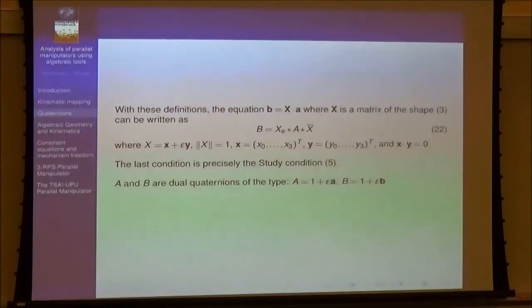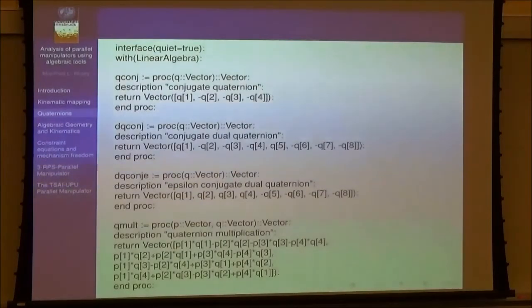And you will see this condition has to be fulfilled. It comes out automatically when you do this in dual quaternions. And the last condition is precisely the Study condition representing in the 7-dimensional space this quadric. So this is the same.